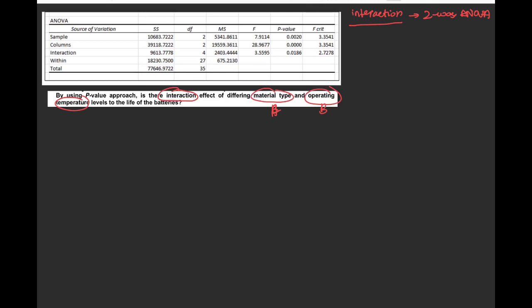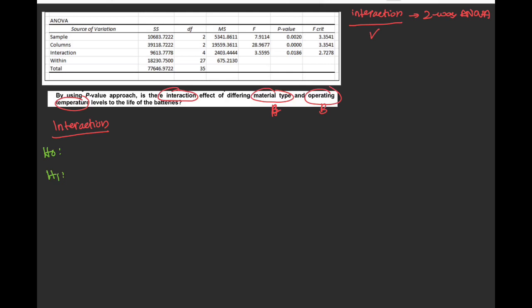Okay, how to answer this question? As I said in the slide, we have to test the interaction first. We have to test the hypothesis for interaction first. Start with step number 1, H null and H1.